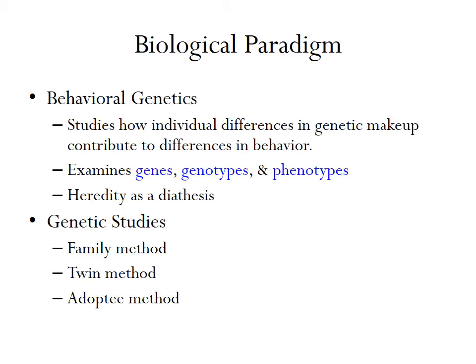In the family method, we look at creating a family history or family tree and identifying who has mental illnesses in that family. You typically start with what's called an index case or proband, and that would be the client. And then work out generation by generation to see who has what disorders.